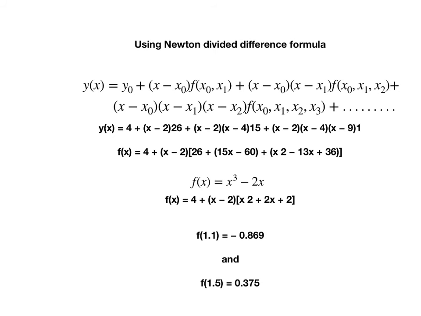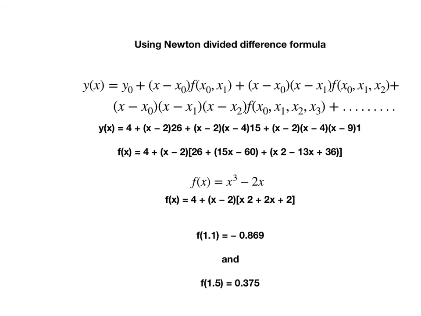As I explained in the table, this is the first entry in the first divided difference, first entry in the second divided difference, first entry in the third divided difference. So y naught is 4, x naught 2, x1 4, x2 9. So all these values are substituted here.